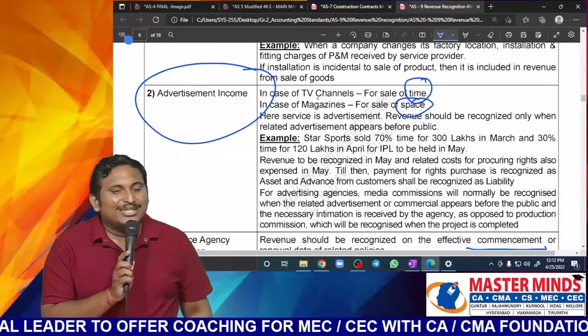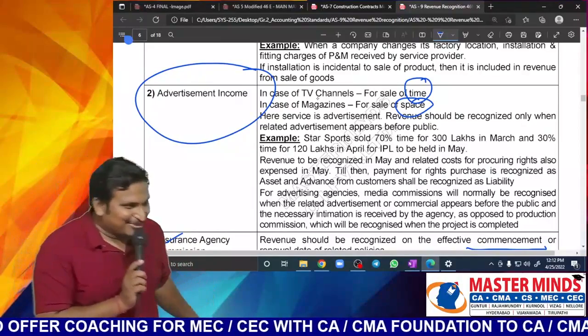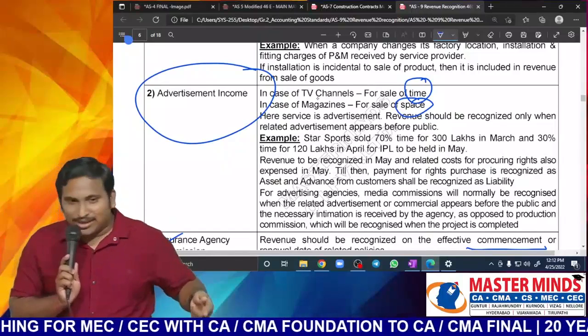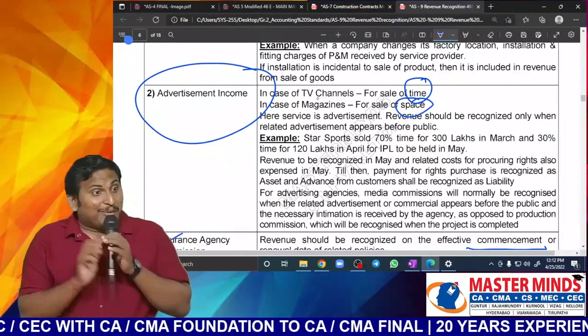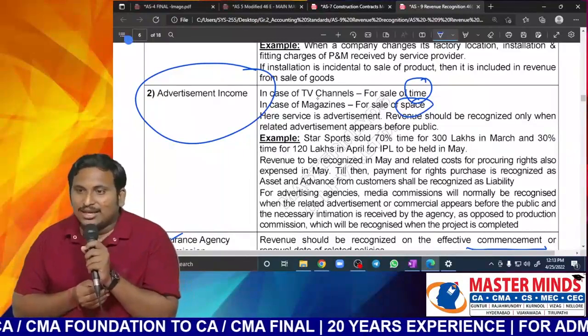Am I right or not? Suddenly Modi ji thought, no, this decision is not required. That meeting was cancelled, sir. Now tell me, whatever revenue was there, can I recognize that revenue? No. Only when that ad is really displayed before the public, you can recognize the revenue.